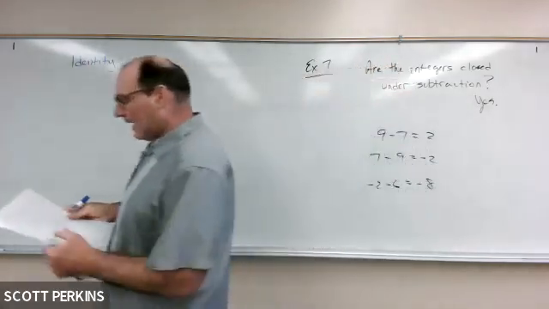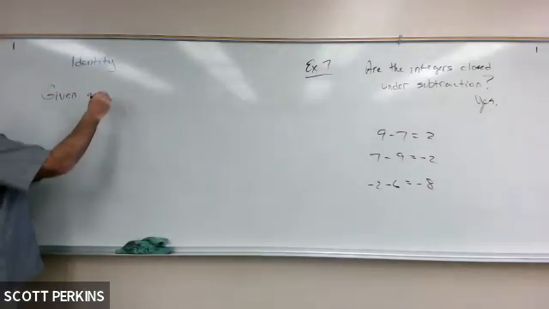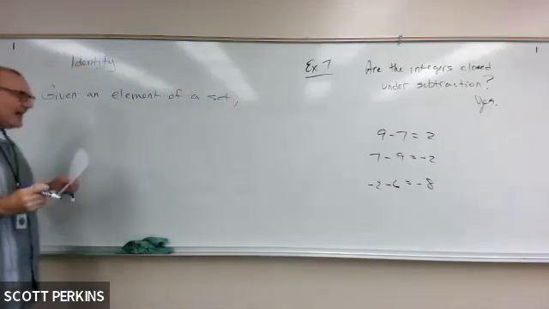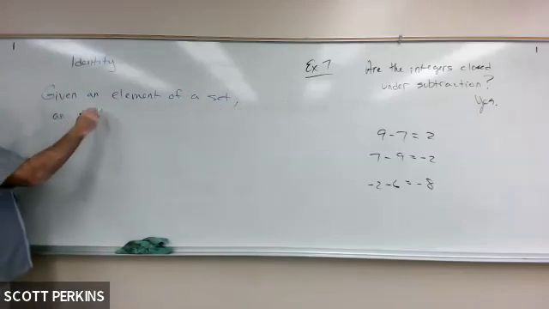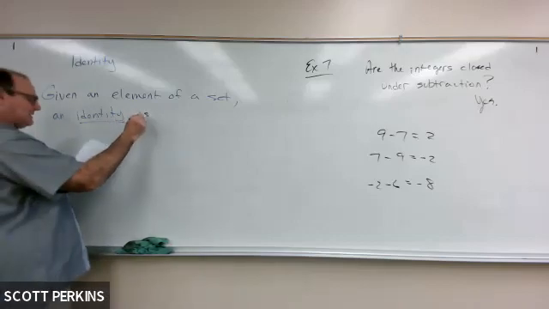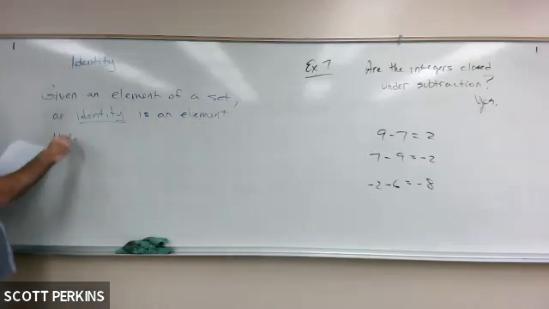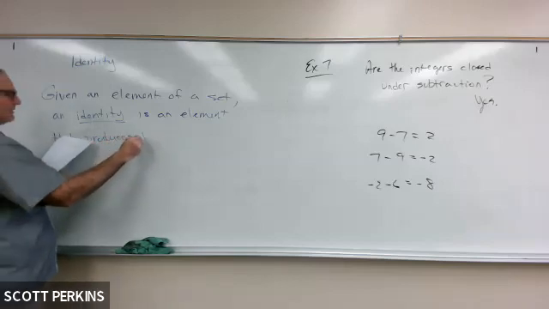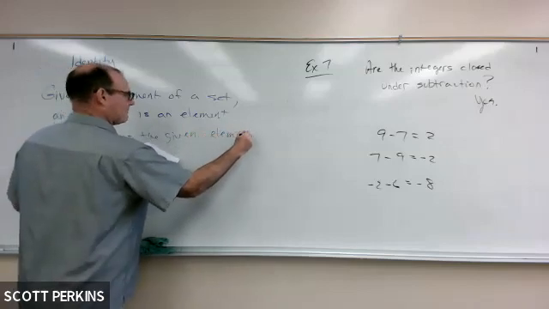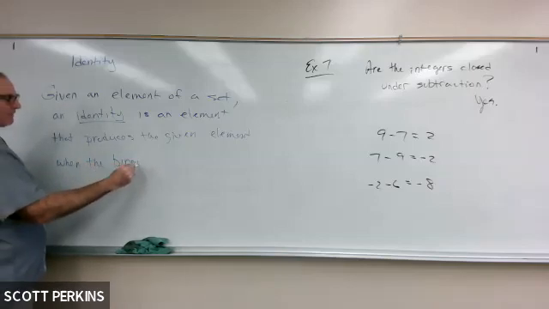So, given an element of a set. So if I give you an element of the set, an identity, and that's the first blank. An identity is an element that produces a given element in the binary operation.